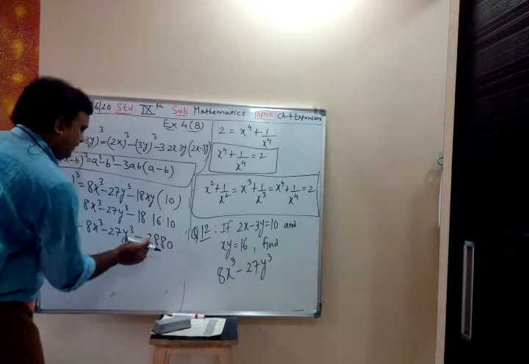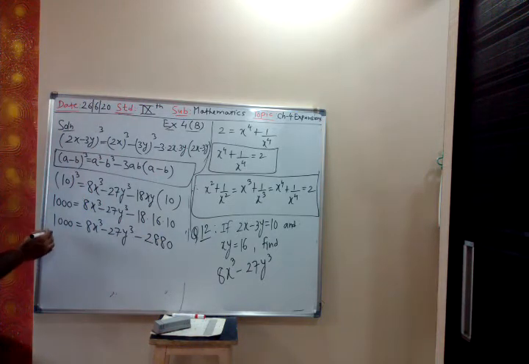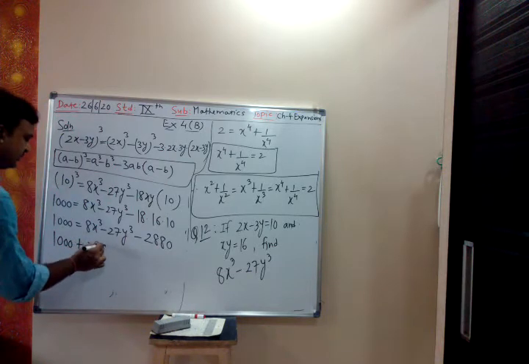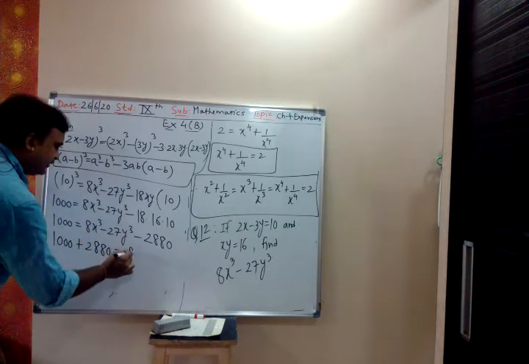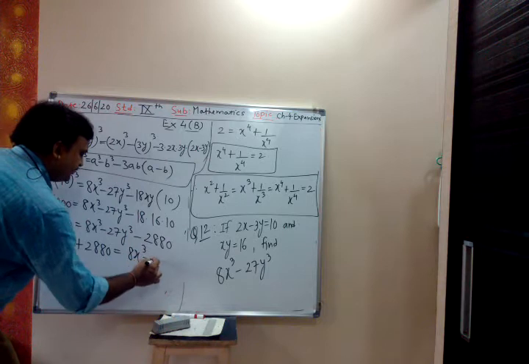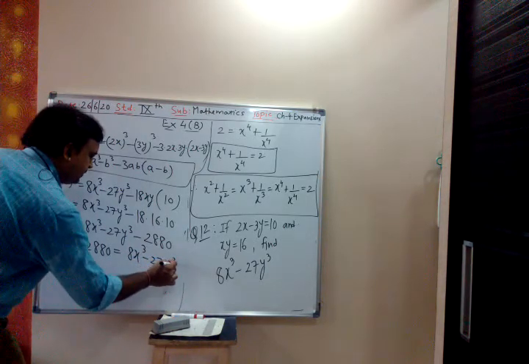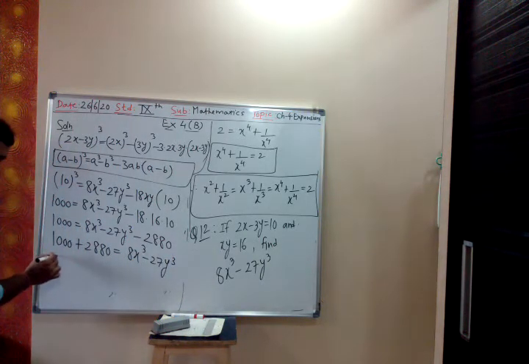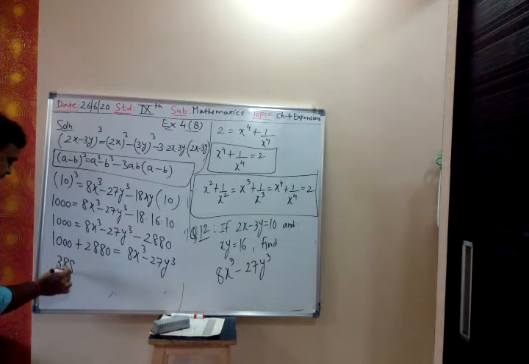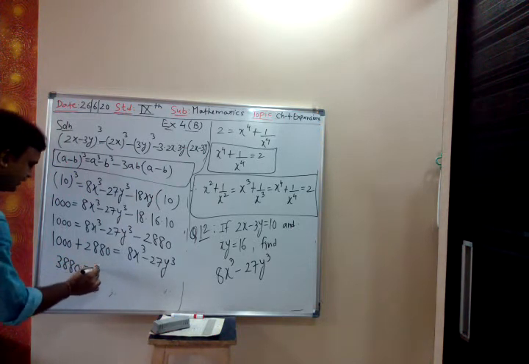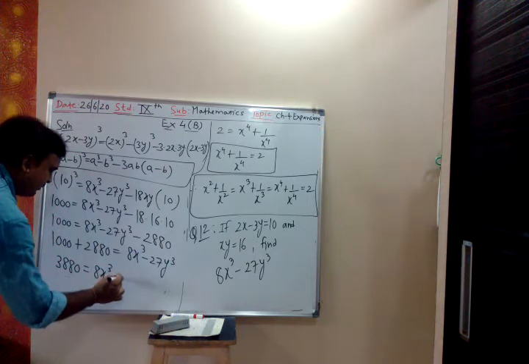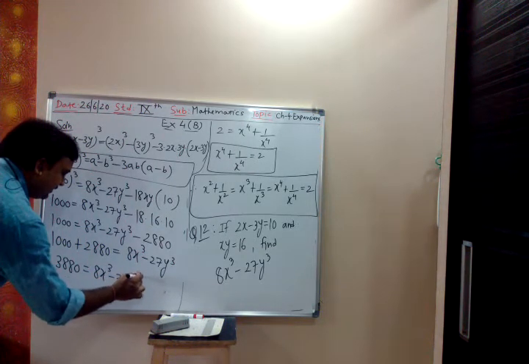Now I will take this part on the other side. So 1000 plus 2880 is 8x cube minus 27y cube. So 3880 is 8x cube minus 27y cube. This is the answer.